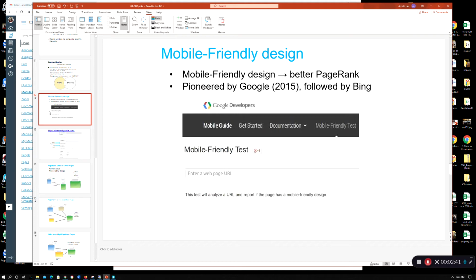Frankly, I don't know what the percentage is, but a high percentage of pages are going to be hit on a phone these days. That's probably why you would make it more mobile friendly. You would get a better page rank because most of the time people are looking at things on their phone these days. You can put in your web page to see if it's mobile friendly.